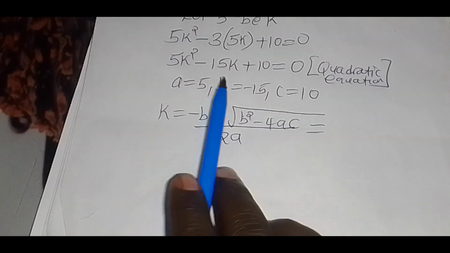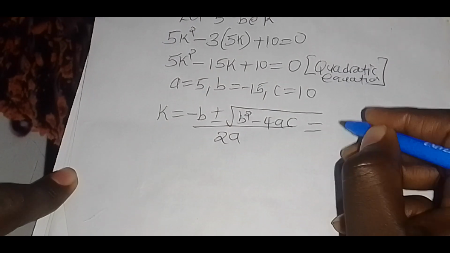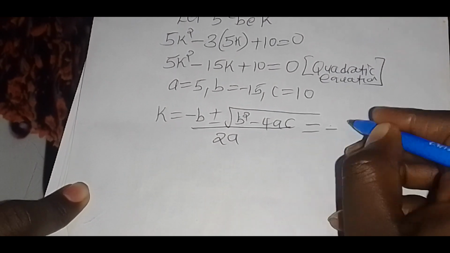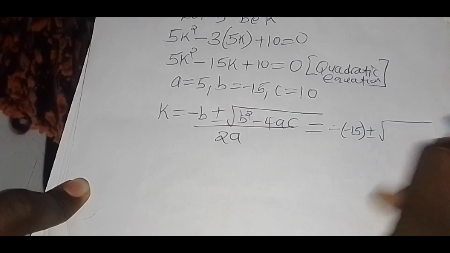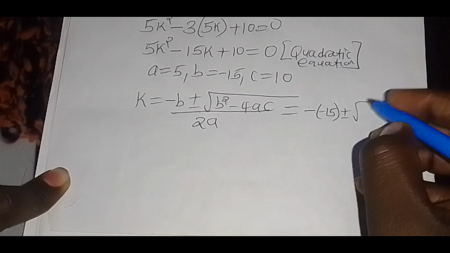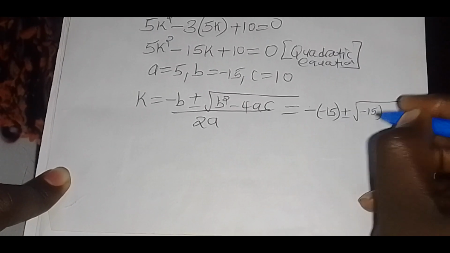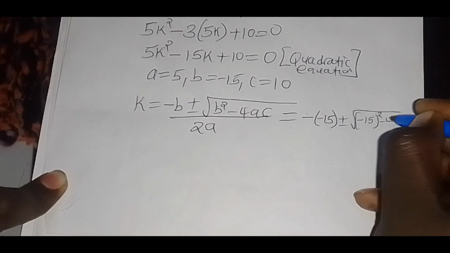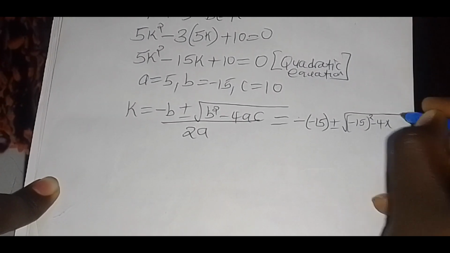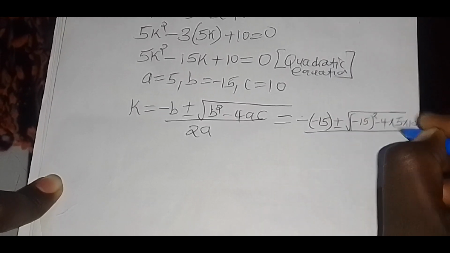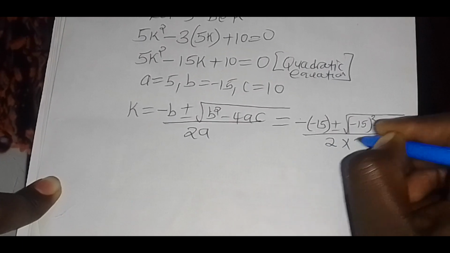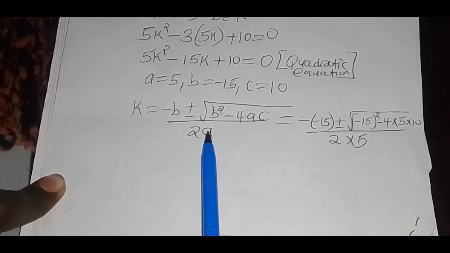So we substitute so that we'll have minus 15 plus or minus the square root of minus 15 squared minus 4 times 5 times 10, divide everything by 2 times 5. Our a is 5.